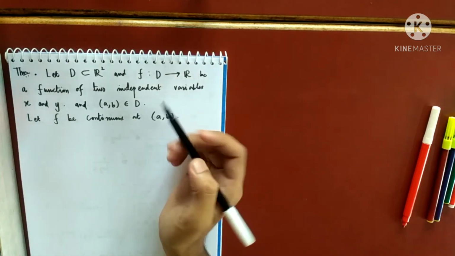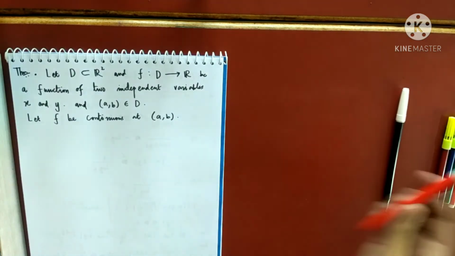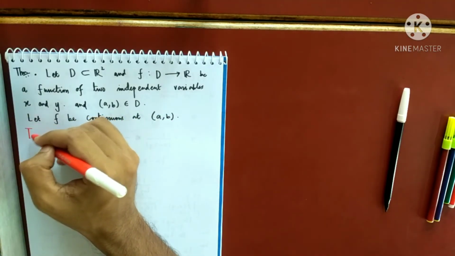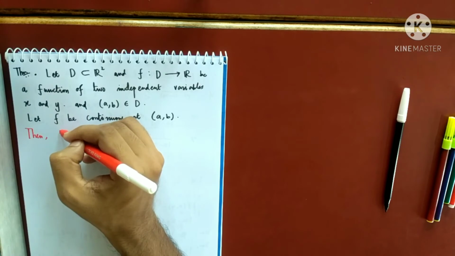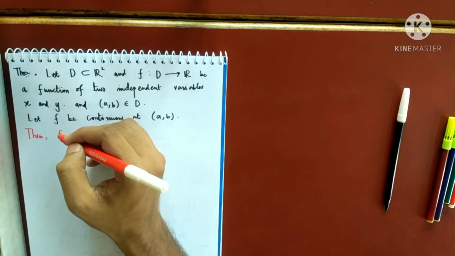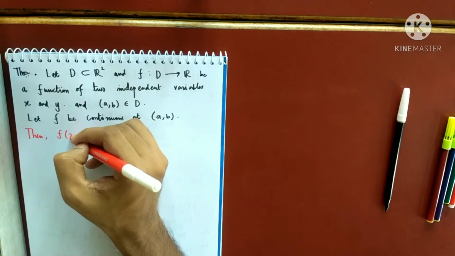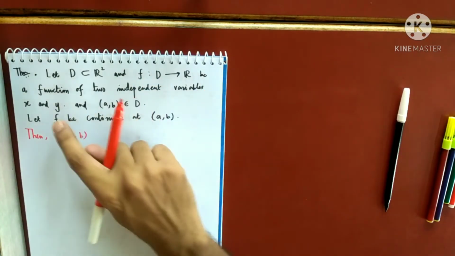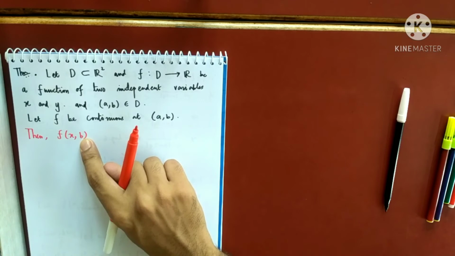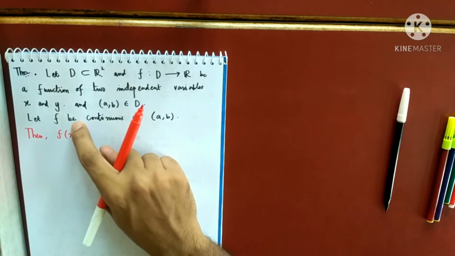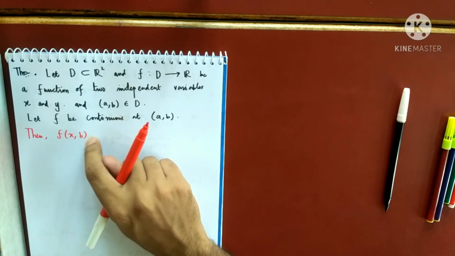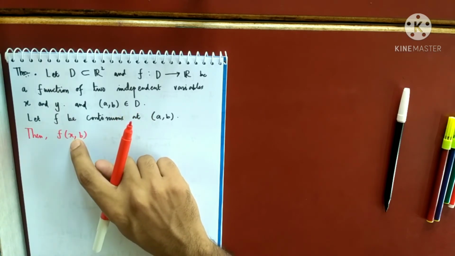Now you see here, then f(x, b). Instead of y in this function, I am replacing y by b. So this becomes a function of a single variable, because only x is a variable.